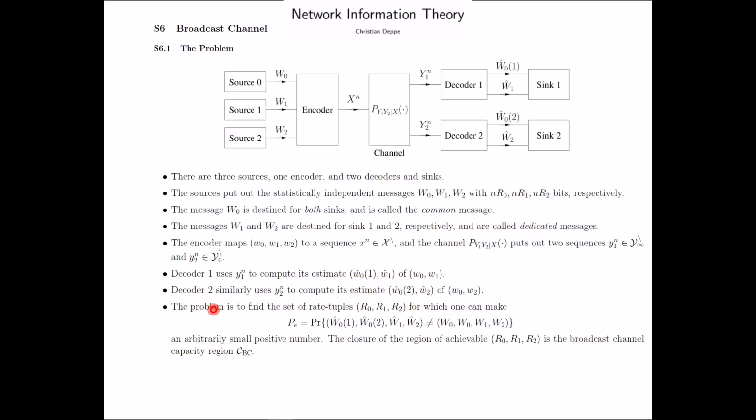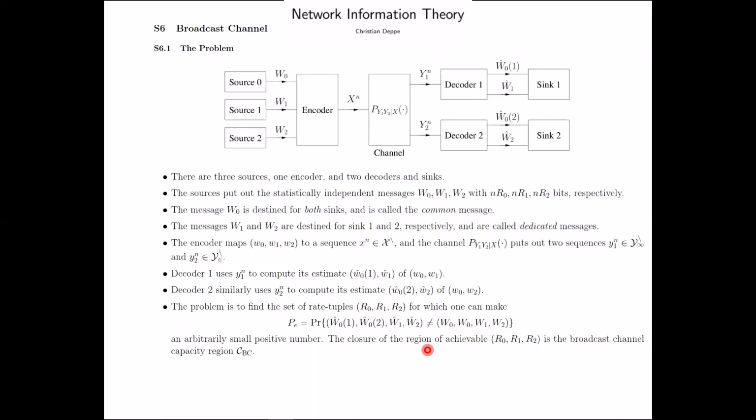Now our goal is to find rate tuples R0, R1, R2, for which we can make the error probability arbitrarily small. This error probability is that the first estimate of the common message, the second estimate of the common message, the estimate of the first dedicated message, the estimate of the second dedicated message is not equal to the real common message, the first dedicated message, and the second dedicated message.